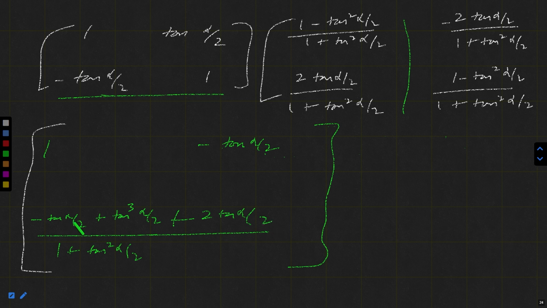Now as you can see, this and this will give you plus 1 tan alpha by 2. Taking tan alpha by 2 common, the denominator and the numerator get cancelled. You are only left with tan alpha by 2. So the entry will be tan alpha by 2 here.